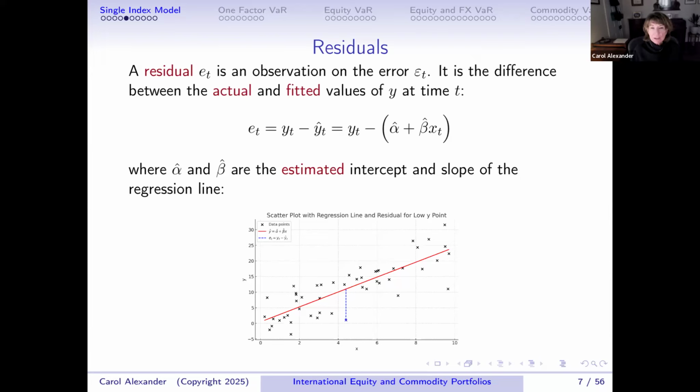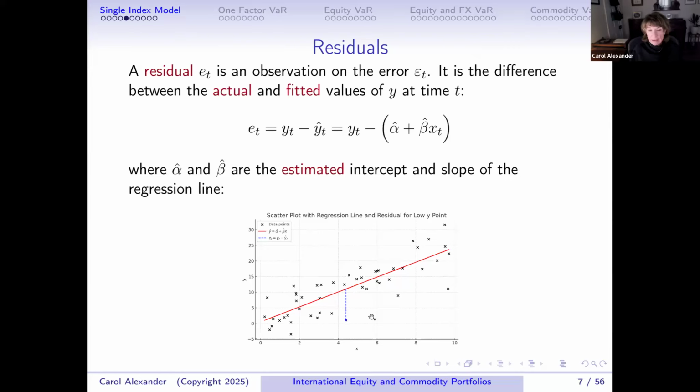And a residual is an observation on this error process, epsilon. It's the difference between the actual and the fitted values of y at time t. So, for example, this residual here, a negative residual, the actual y is just above 0.